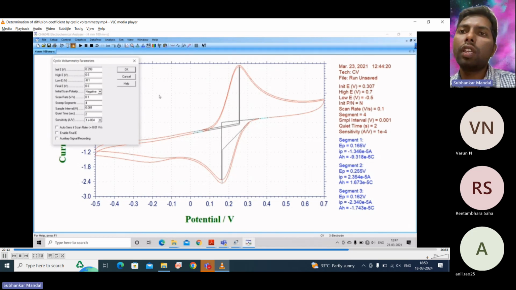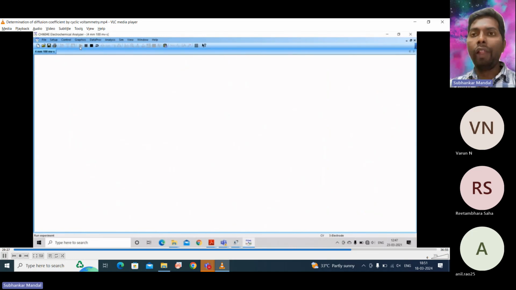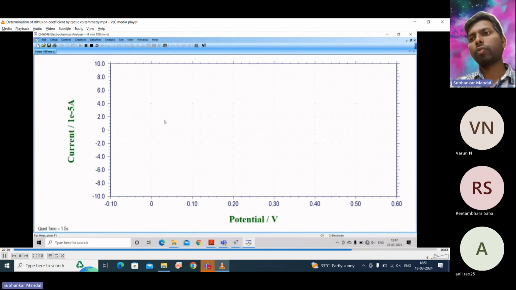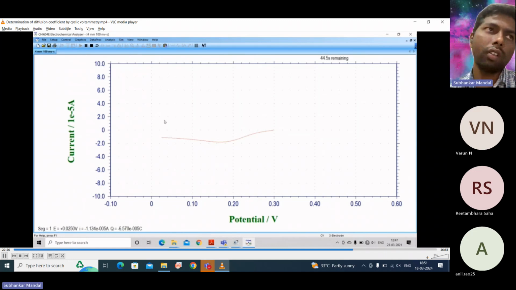Now we can run the experiment. The scan rate we have given is 0.05 volt, that means 50 millivolt per second. Now we can run the experiment. You can see a nice redox couple is coming.